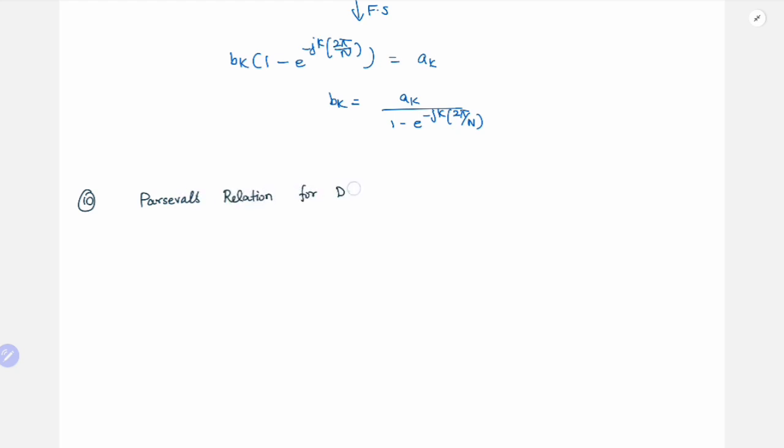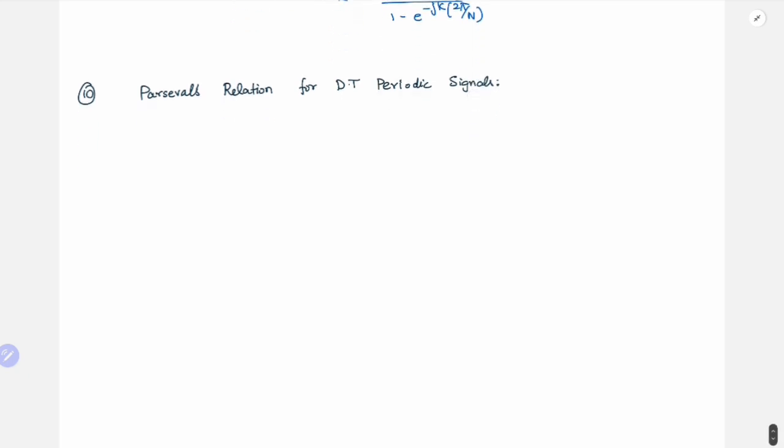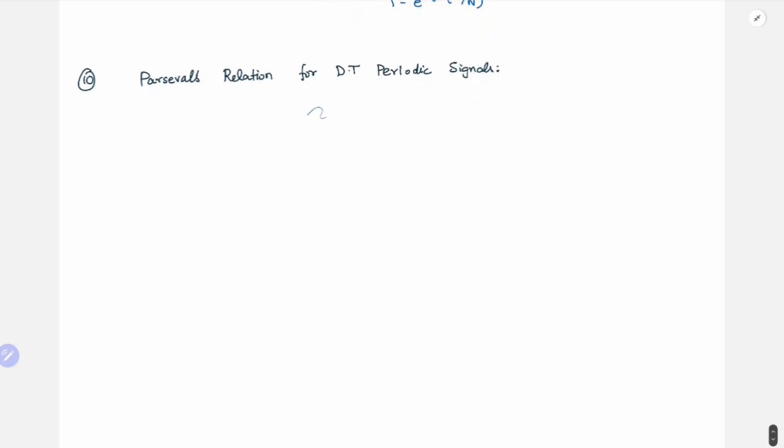For discrete time periodic signals, Parseval's relation relates the energy in the time domain to the energy in the spectral components. Let us say x of n has Fourier series coefficients ak.